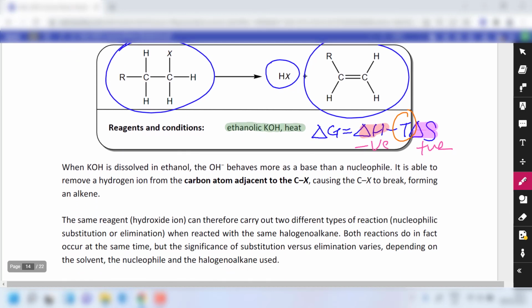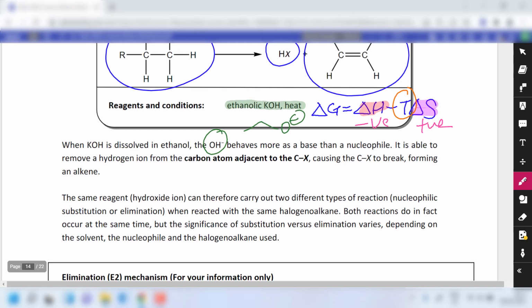Also, to be told the truth, there are actually two different bases present in ethanolic KOH. One of which is OH minus, and another base is actually ethoxide. But I think it's not mentioned in the notes, so it's fine, it doesn't really matter.